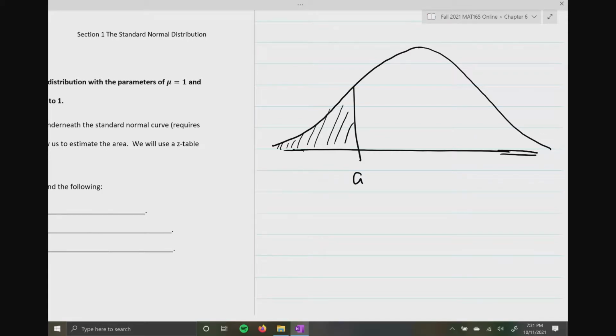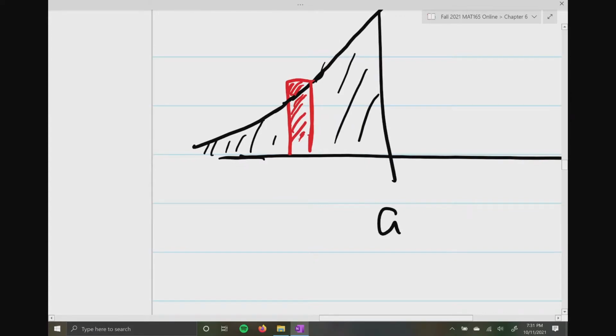So I want you to see what I do right here. I'm going to get out a different color, and I'm just going to draw what I know is a rectangle. Now, I could easily find the area of this rectangle here. In fact, let me shade it in, and let me zoom in so you can see it. I can easily find the area of that rectangle, and I can draw another rectangle and find that area.